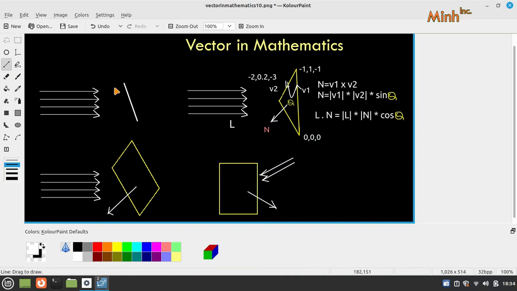I am talking about this theta. If this comes like this, then certainly it makes an angle here, and this angle we will name theta 2.